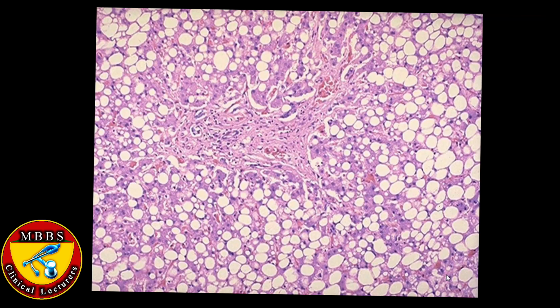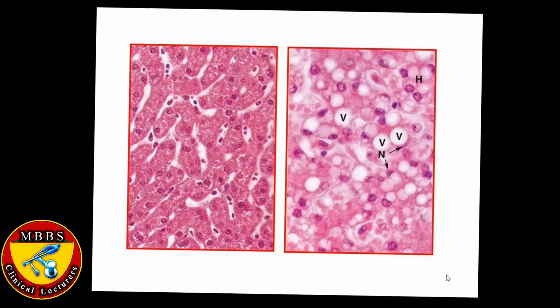So this is the picture that you are seeing over here, in which multiple fatty vacuoles are seen. This is a slide of fatty liver, but the architecture of the liver is still not disturbed. You are seeing a triad. Again, another picture of the fatty liver, in which you are seeing fatty vacuoles.